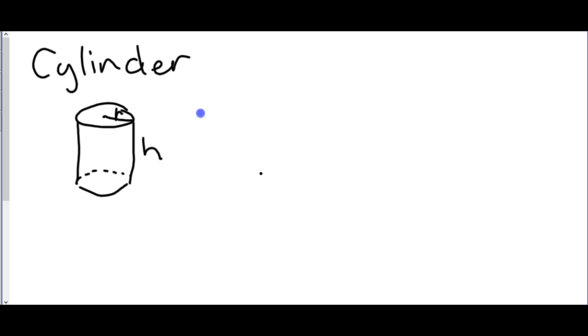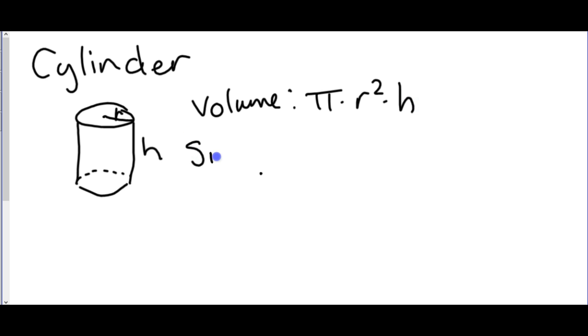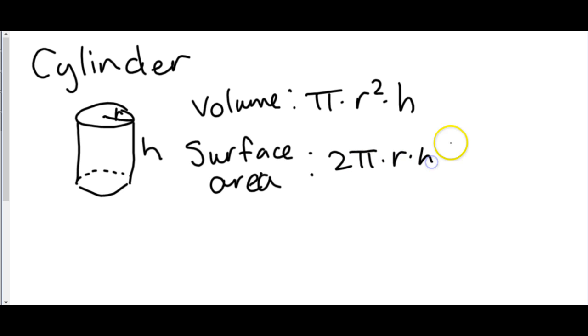So the volume of a cylinder is pi times r squared times h, and the surface area is not 1/3, I was looking at the wrong formula. The surface area is 2 pi times r times h plus 2 pi times r squared.